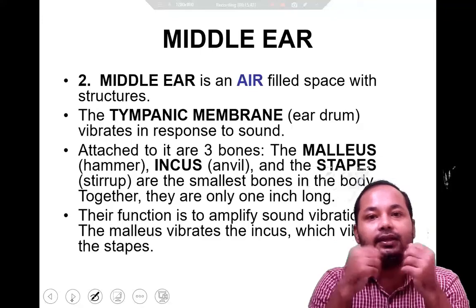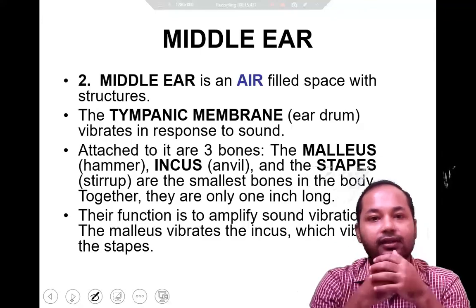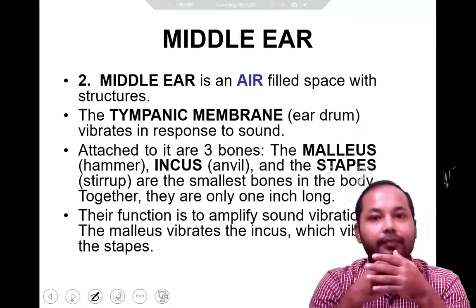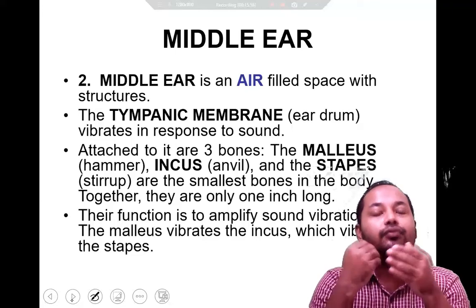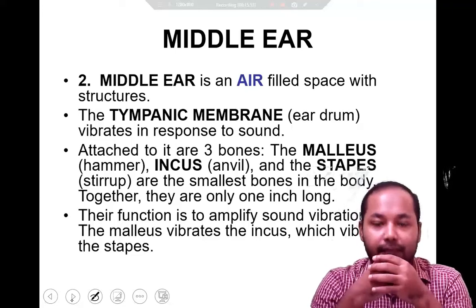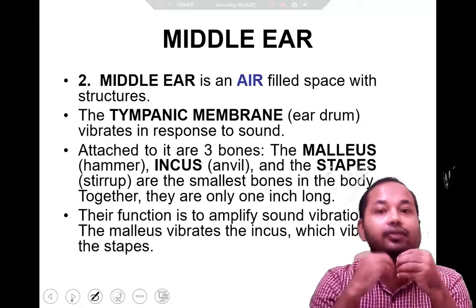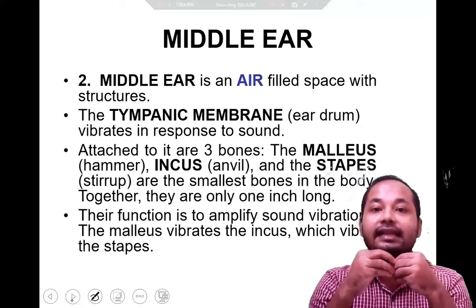To break that inertia, you need these movements of the ossicles, and these ossicles you already know: malleus, incus and stapes. The handle of the malleus is attached to the tympanic membrane, and to the handle of the malleus there is also a muscle attaching, which is called the tensor tympani muscle.